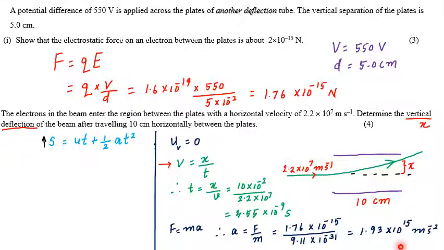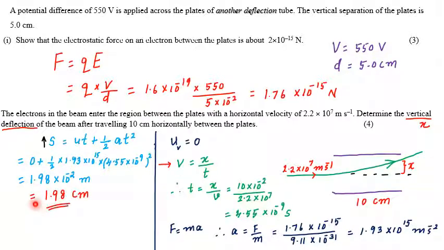Substituting the values for time and acceleration in this equation will give you 1.98 times 10 to the power minus 2 meters. Since the initial velocity in the vertical direction is 0, the first term of the equation becomes 0. This is equal to 1.98 centimeters.